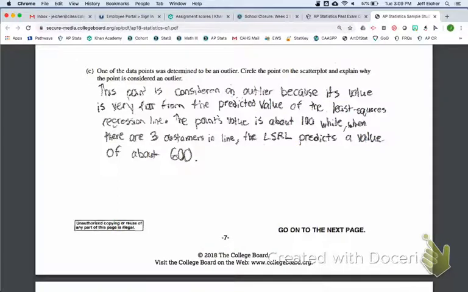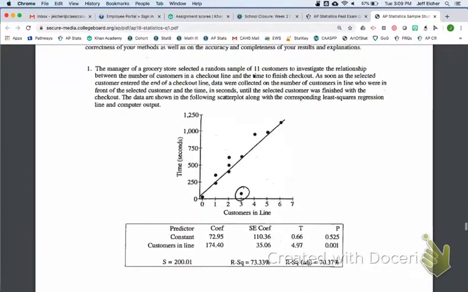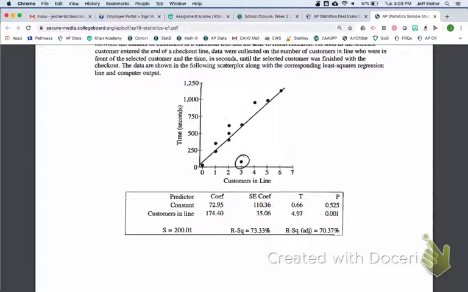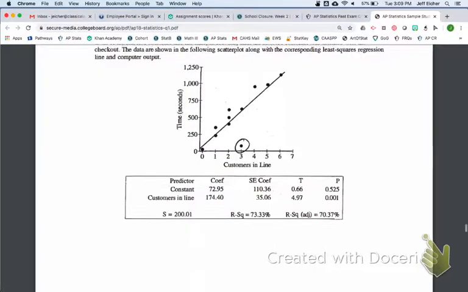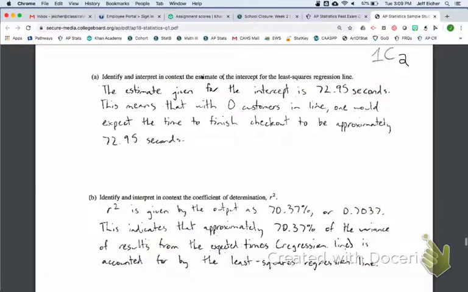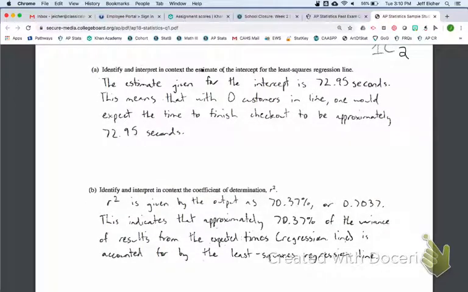Now let's look at one more, and let's look at the whole response. We have a circled point, okay. We have part A, the estimate given for the intercept is 72.95. This means that with 0 customers in line, one would expect the time to finish checkout to be approximately 72.95. How do you think that would be scored? So they've identified the Y-intercept, so that's one of the 3.